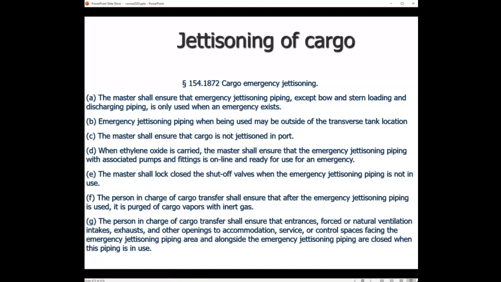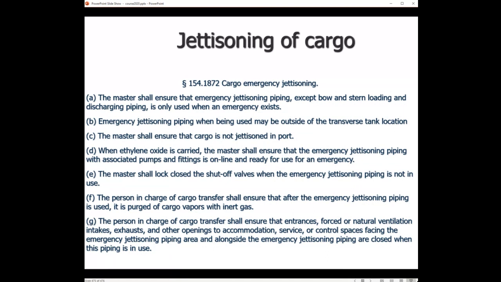Dangerous vapors related to explosivity, but maybe also related to toxicity. So keep, of course, the wind direction into consideration. This is really a dangerous operation. Should be limited to the minimum.